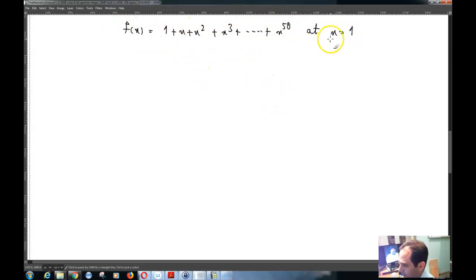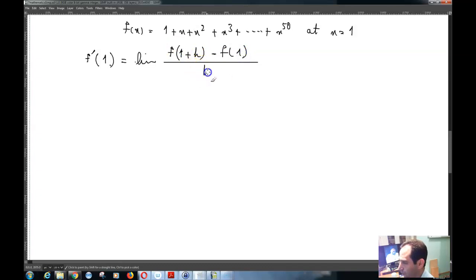To do that, you can simply find f prime of 1, which is the limit of f of 1 plus h minus f of 1 over h as h tends to 0. You can do it this way.